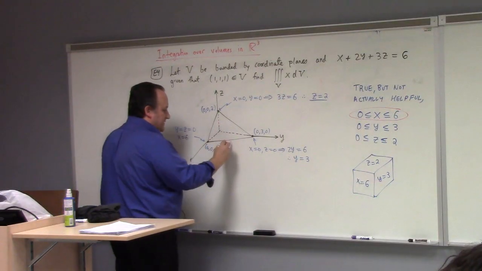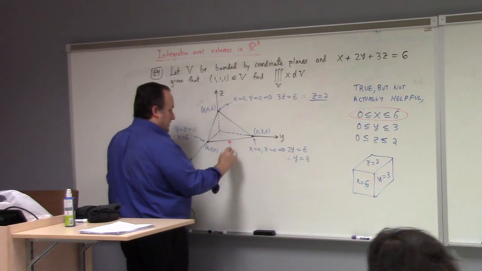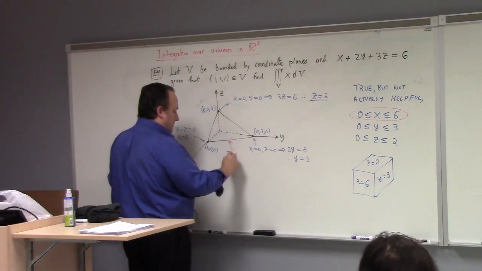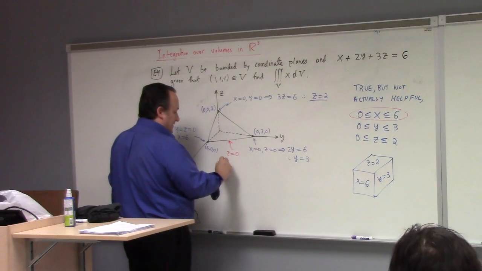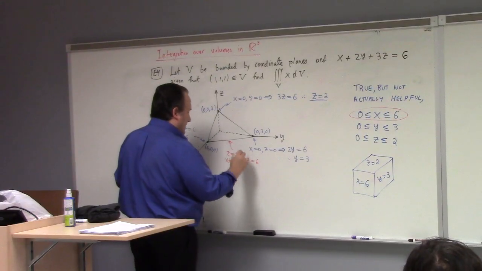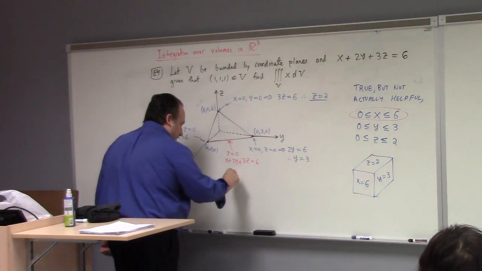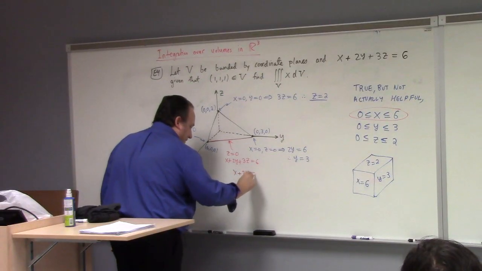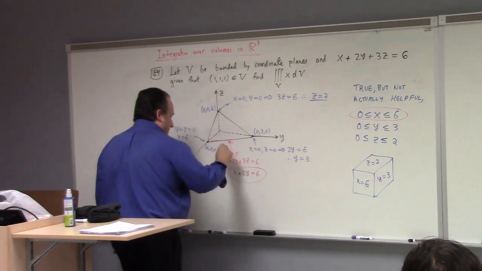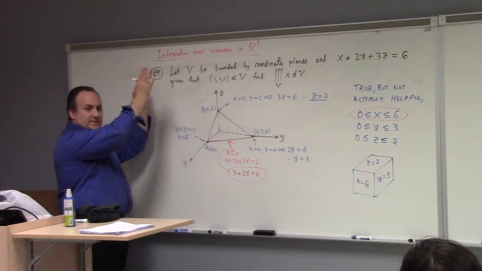Now this guy right here. This has z equals 0, and it also has x plus 2y plus 3z equals 6. So actually, this guy right here is x plus 2y is equal to 6. That's a plane, an infinite vertical plane.